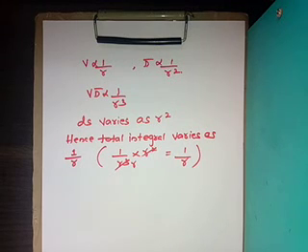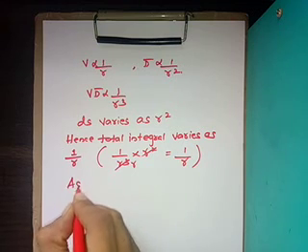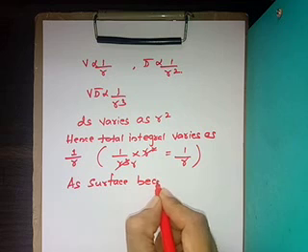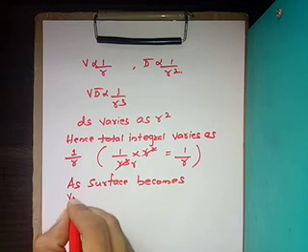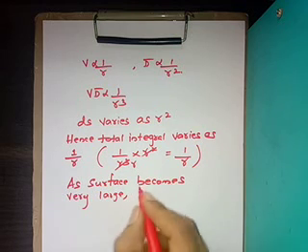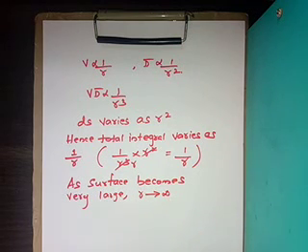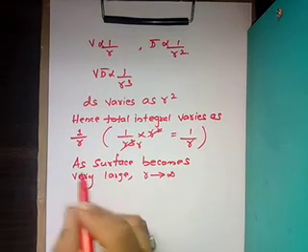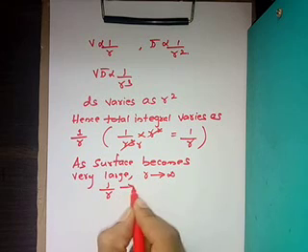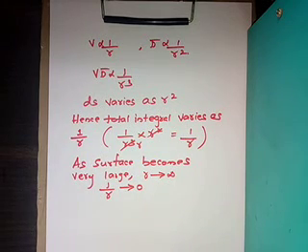Next, as the surface becomes very large, R tends to infinity, because it's a large surface. So if you substitute R equal to infinity in this 1 by R, we get 1 by R tends to 0, is it not?